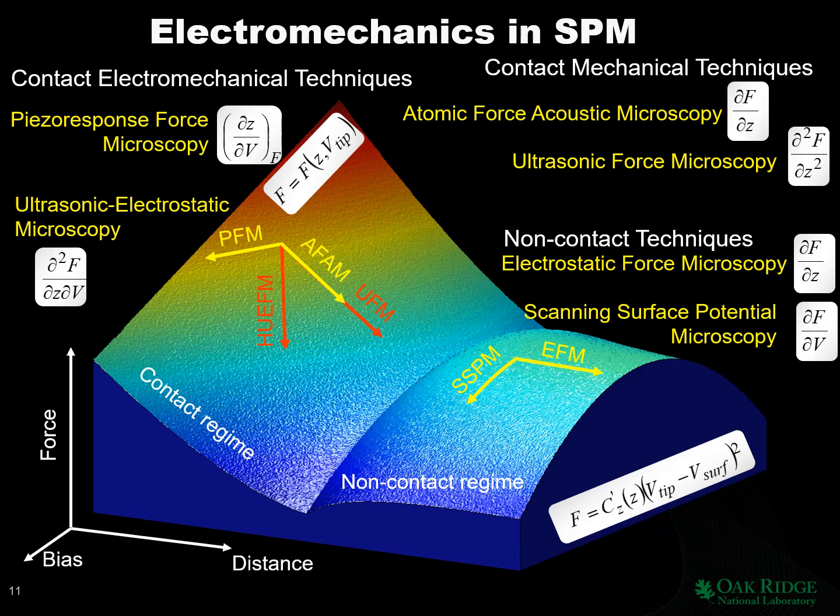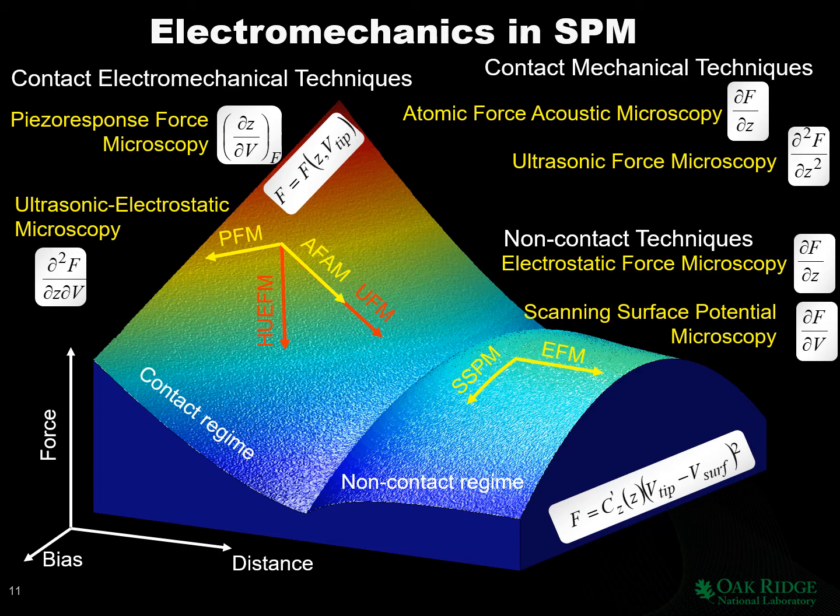While we are in contact with the surface, techniques such as atomic force acoustic microscopy essentially measure the stiffness, or in other words, the derivative of the force distance curve versus distance. And of course, this derivative can be bias dependent. So depending on the tip bias, the surface can change mechanical stiffness.